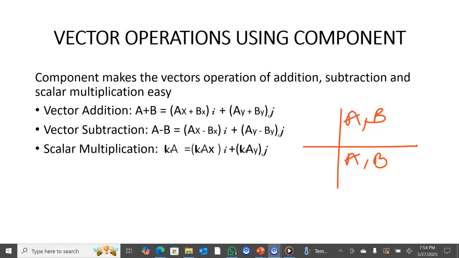Then you add them up together. Let's assume A is here, and here is B, then here is A, and here is B. So when you want to add it up, you just say Ax plus Bx i, then Ay plus By j. That is for the addition.